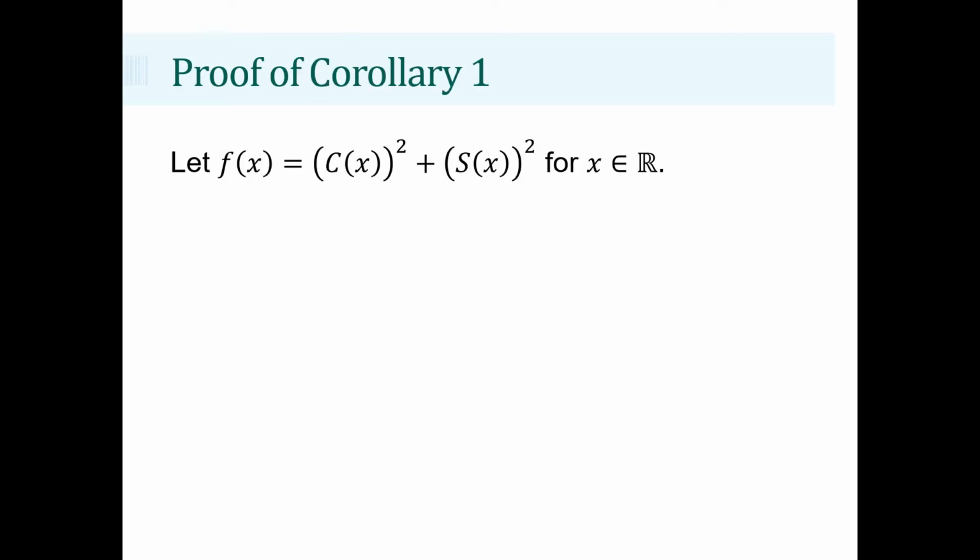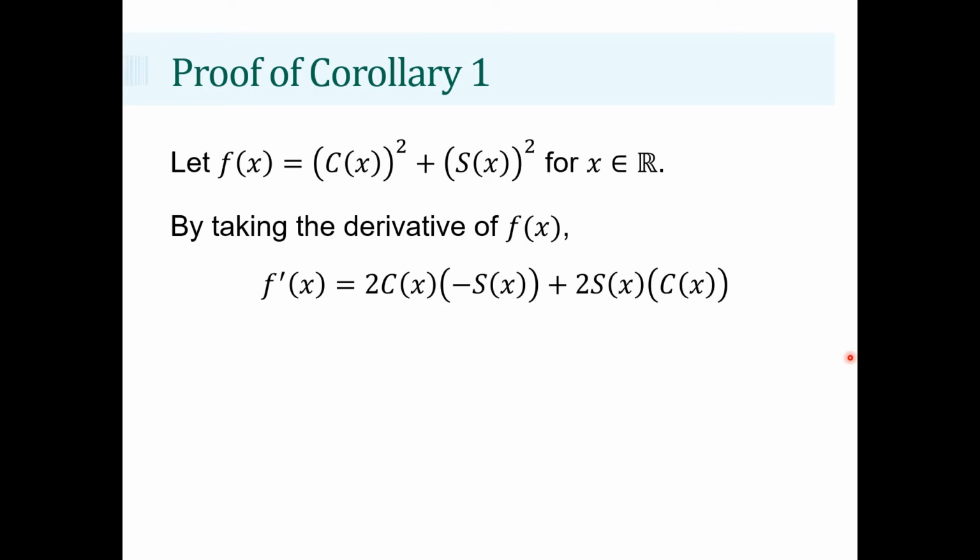Now let's prove. So first, we let f of x be equal to the square of c of x plus the square of s of x for all x na element ng ating set of real numbers. Now, if we take the derivative of f of x, okay, so we have f prime of x is equal to, using the power rule, di ba, ibababa lang natin ito, 2, and then c of x to the power 2 minus 1, kaya ito.